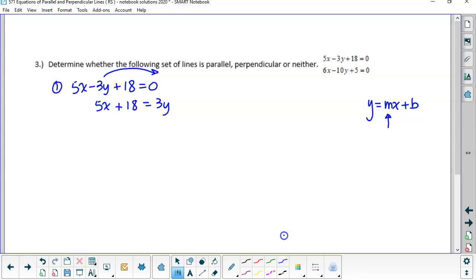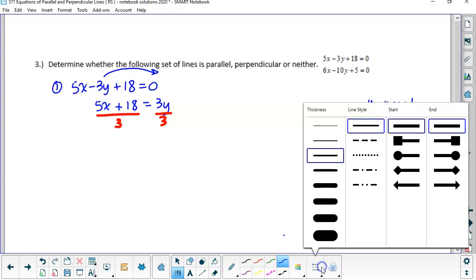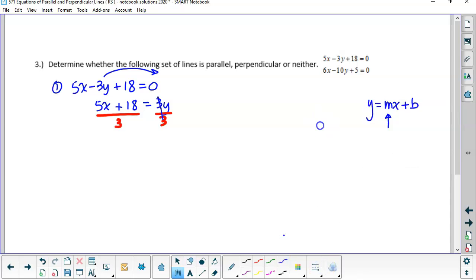Okay, and then divide by 3. Then I like to show y by itself on the left side. So those divide out, so it'll be y equals 5/3 x plus 6. Okay, so you divide those and those. So the slope of that is 5/3.